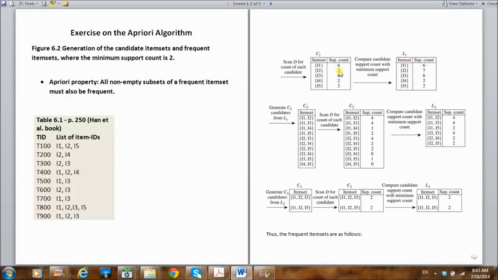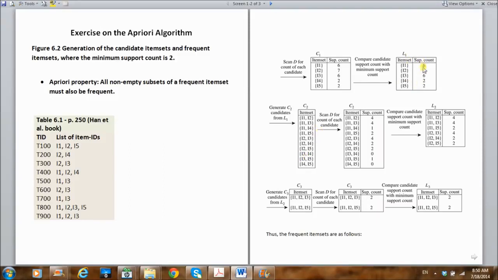And 7 is greater than 2, 6 is also greater than 2, and 2 is greater than or equal to 2. So these all satisfy our minimum support count of 2. These are our first set of item sets.